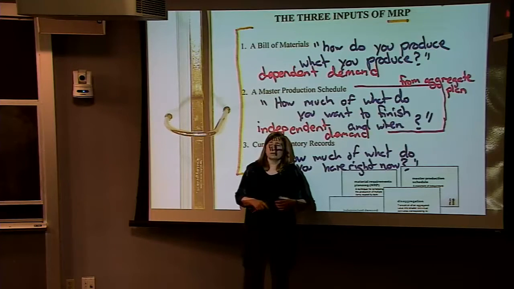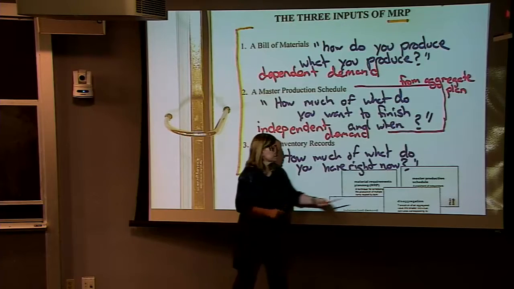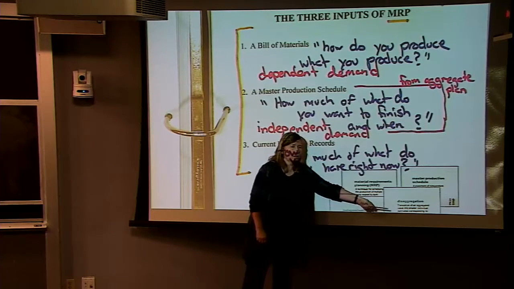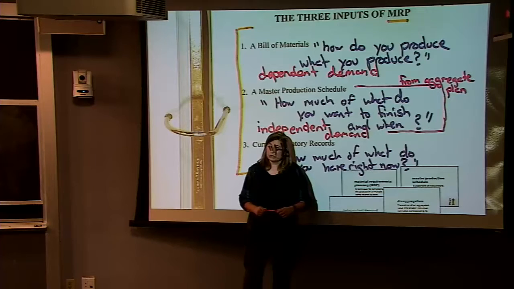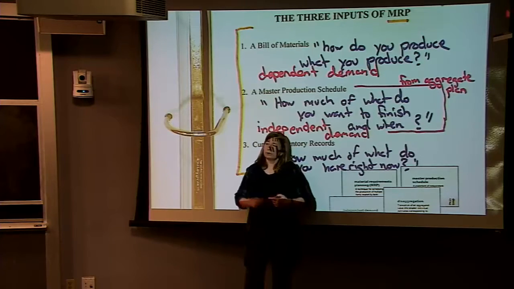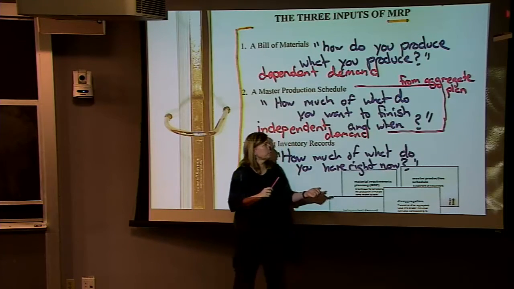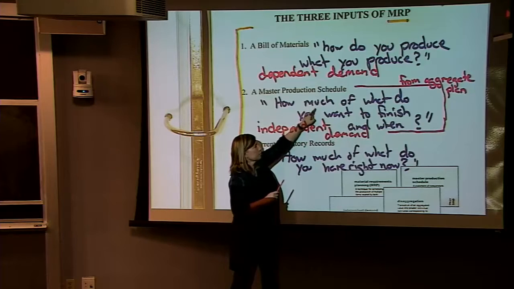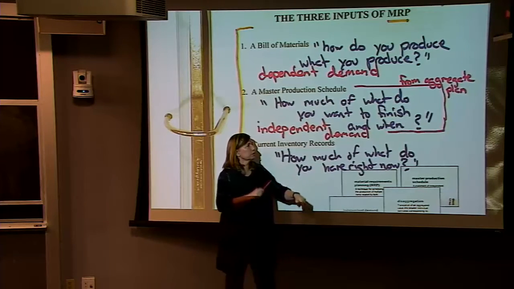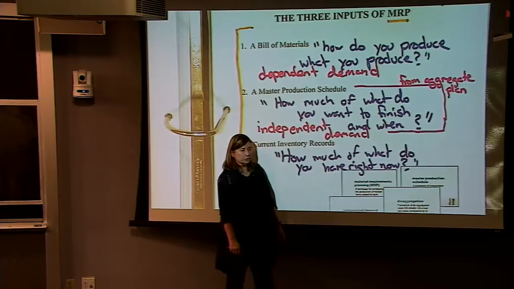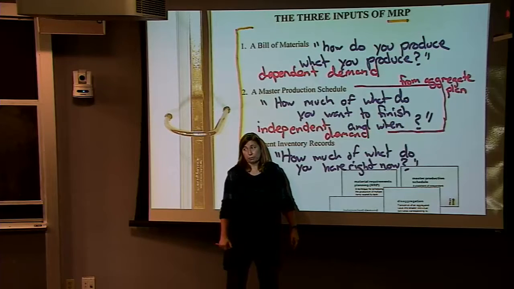This is actually a very difficult phase, and it needs to be done well. This is the type of thing that you talk more about in an advanced class in operations because it's not easily done. What we're doing in MGO302 is just noting that there's somebody working very, very hard doing that, right? And so they will produce from the aggregate plan a more specific set of requests of what we want to finish and when. It will recognize all the different models.